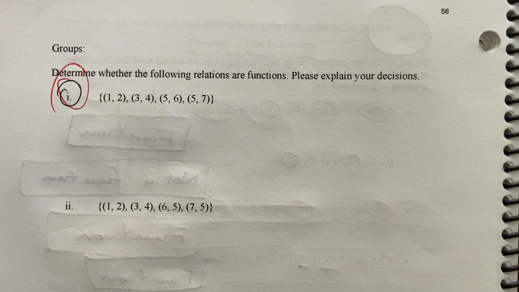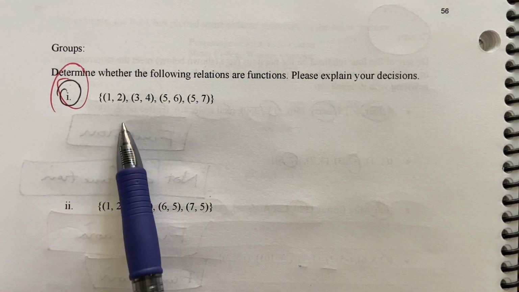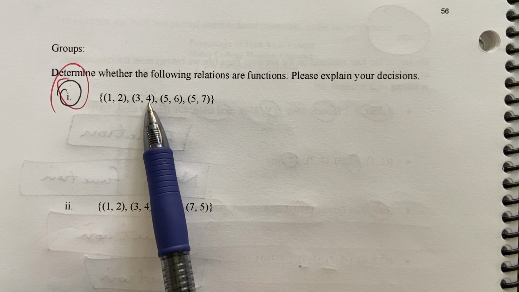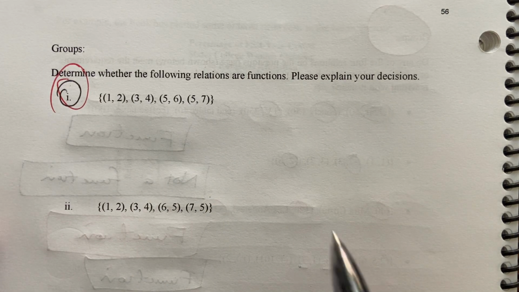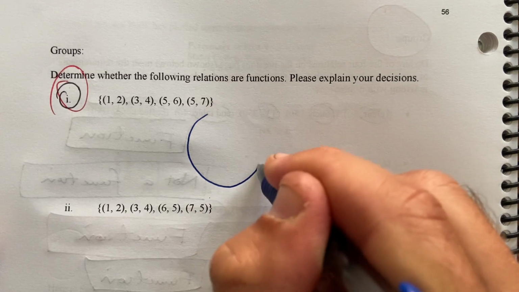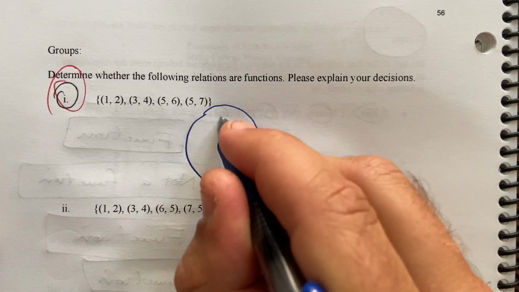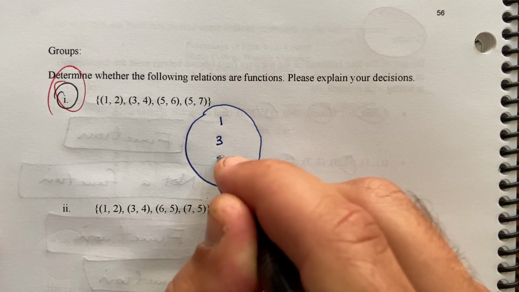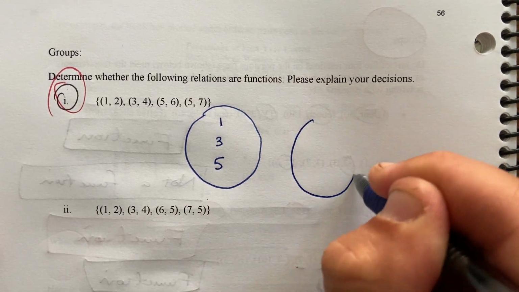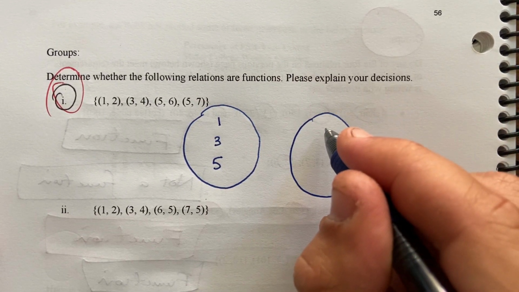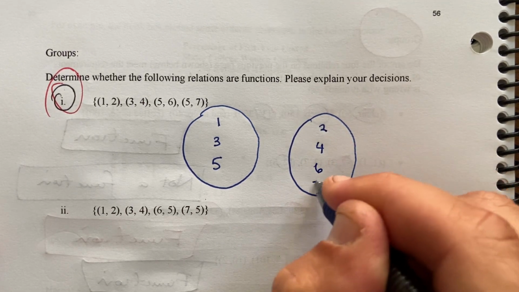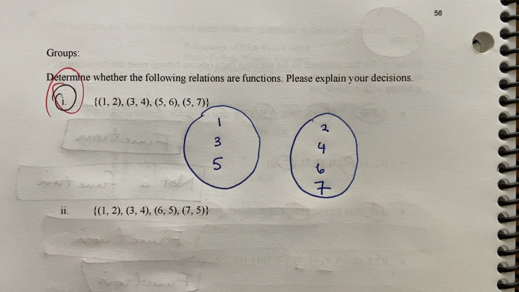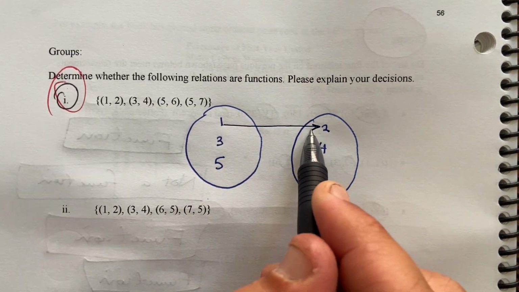Let's do one more. So here's a set of ordered pairs. 1 goes to 2, 3 goes to 4, 5 goes to 6, and then 5 also goes to 7. What you can sometimes do, if you need a little more clarity, is write the domain in a diagram, and then write the range in another set over here. And then I'll identify the correspondence.